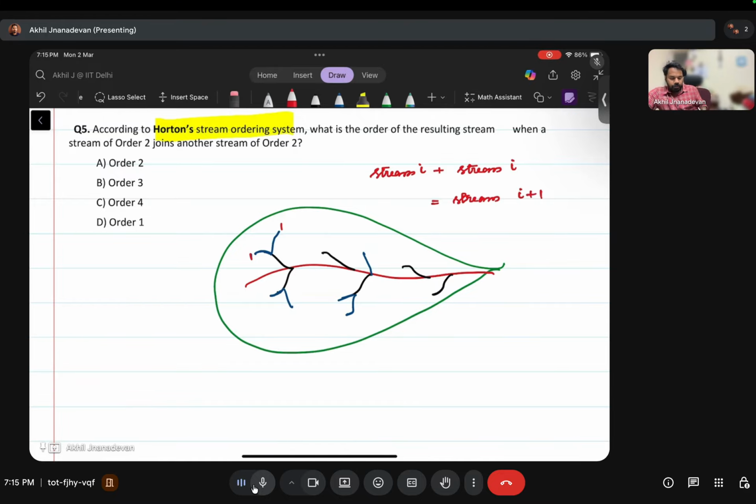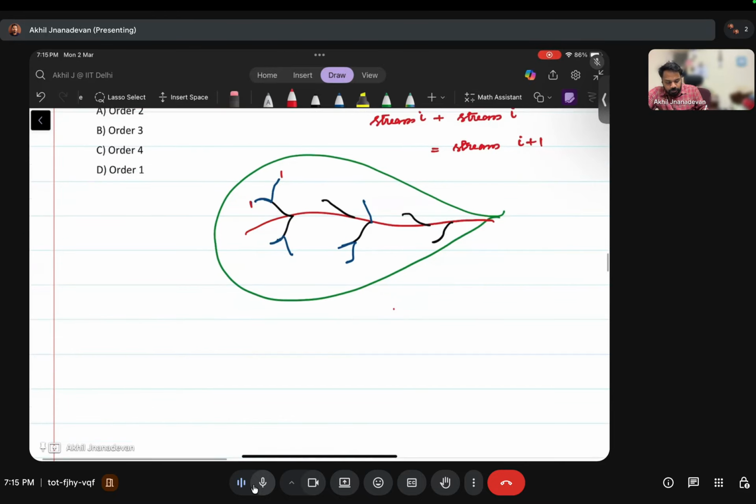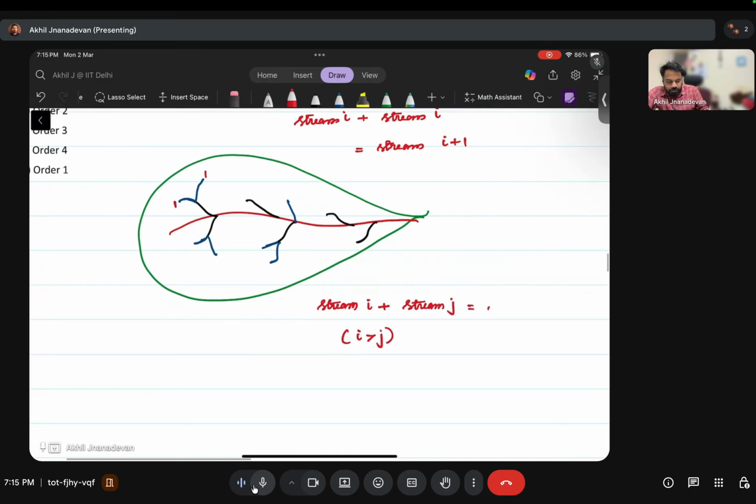And if a stream I combines with a stream J where I is greater than J, then it will result in a stream of the highest order of the individual streams, right? So this is the rule.